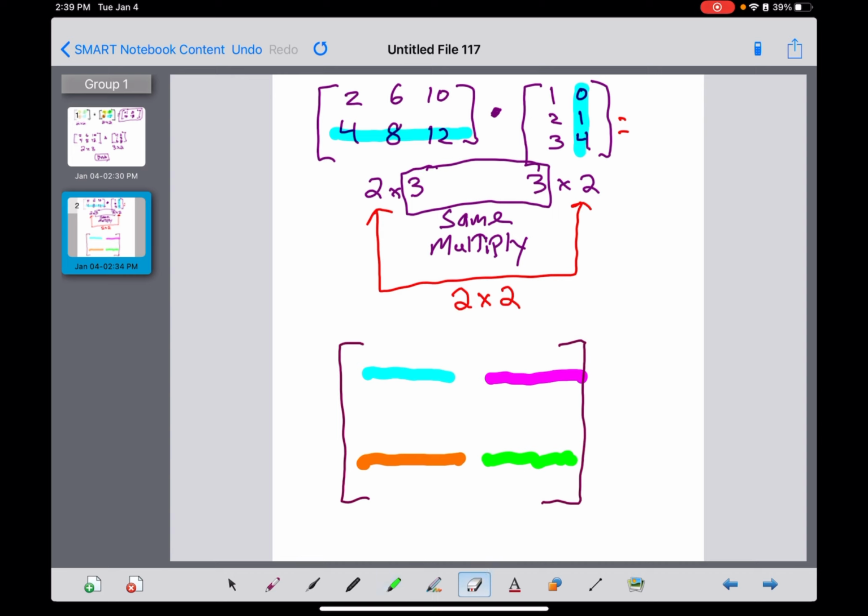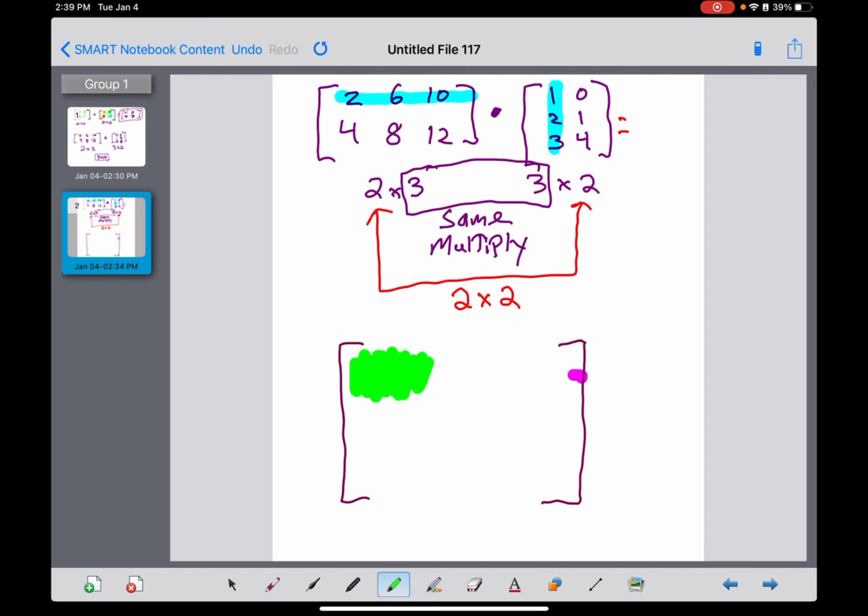We get the answers by multiplying and adding the elements of those pieces. So if I'm looking at the first row and the first column, all of my answers are going to go in this spot. The way you get those answers is by multiplying the first term times the first term.